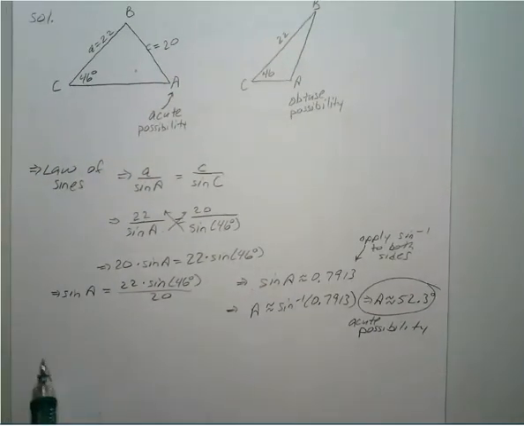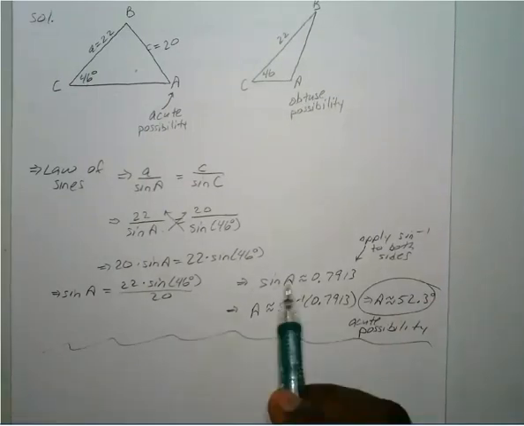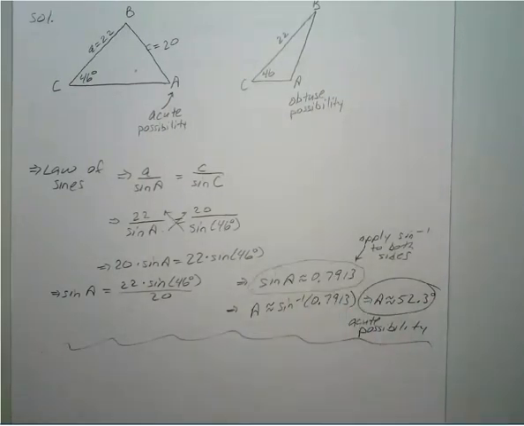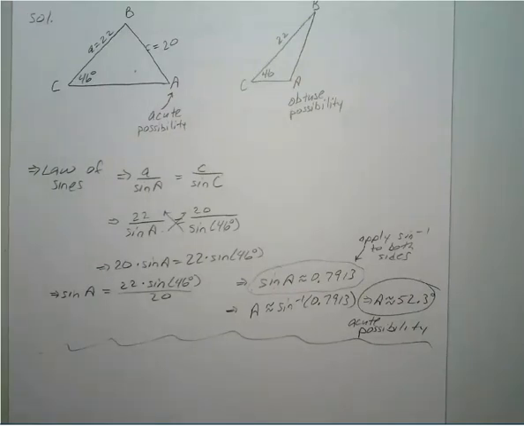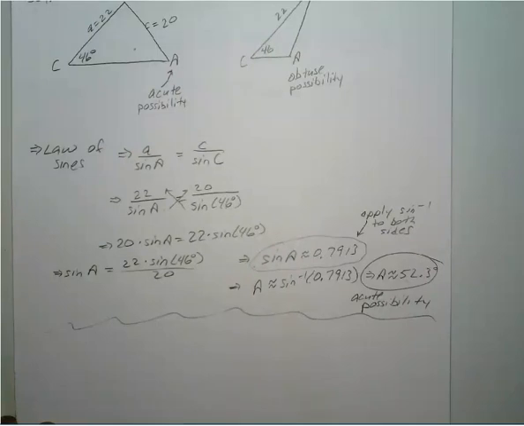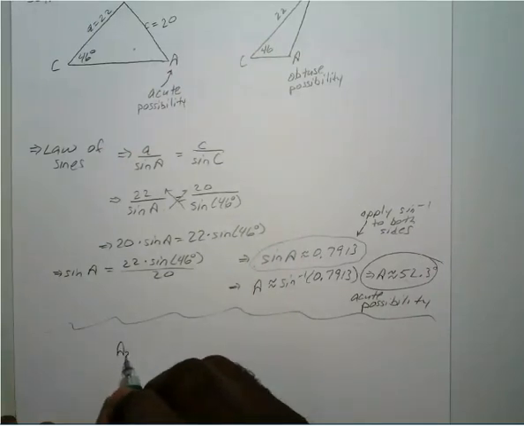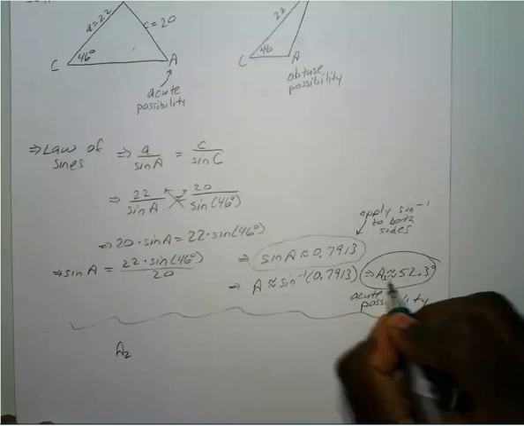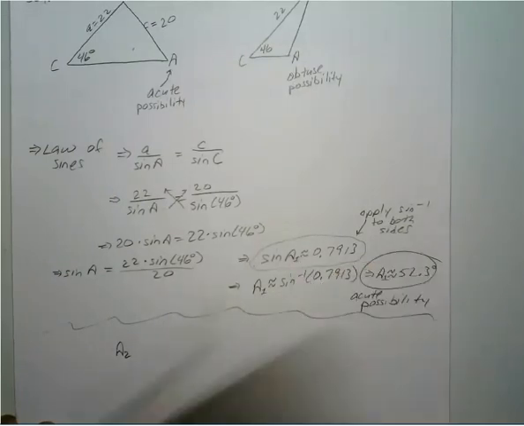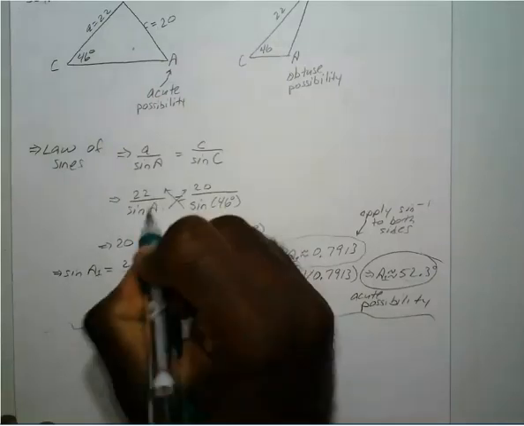Okay, what's the other possibility? Well, if you notice here, sine is positive. In a unit circle, your sine is equal to y. The only two quadrants where your sine is positive are quadrant 1, which is your acute angle, or quadrant 2, which would give you your obtuse angle. So for quadrant 2, to find your other angle, we'll call that angle 2, and we'll call this angle 1, just to give it a name.